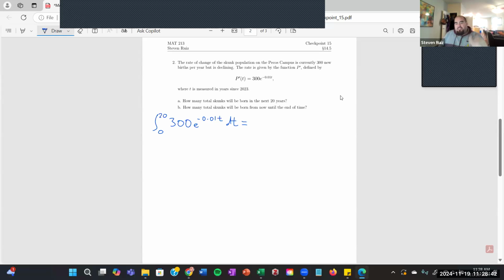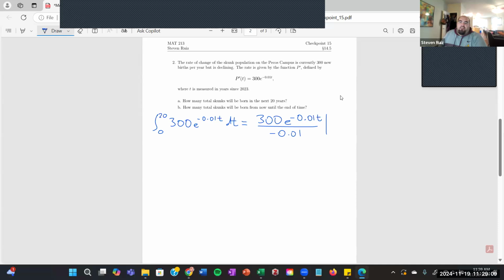Remember, when you take the derivative of an exponential function, specifically a function with e in it, you multiply by the derivative of the exponent. So when we do an antiderivative, we divide by that. So this is going to be 300 e to the negative 0.01 t divided by negative 0.01.